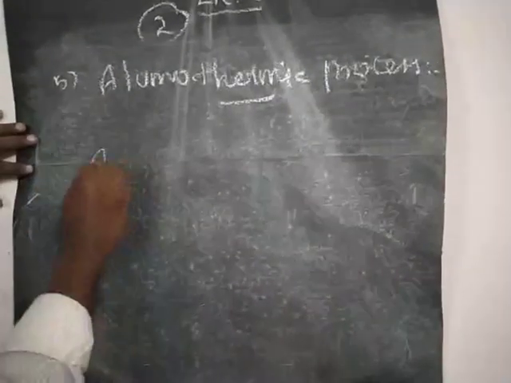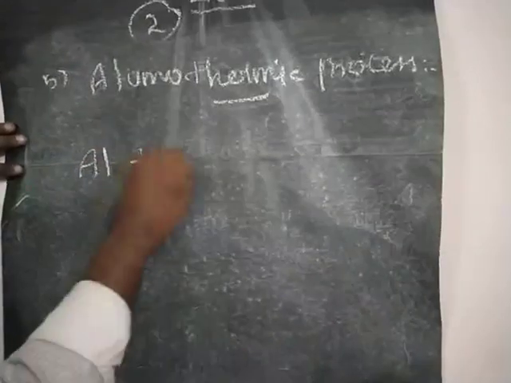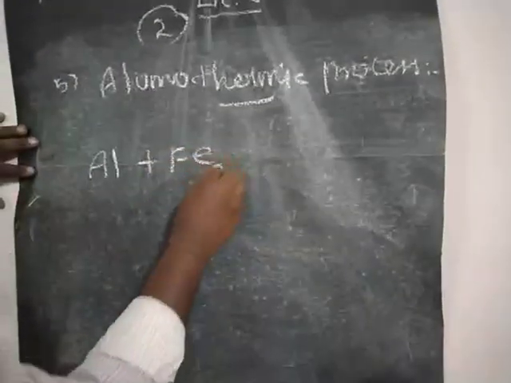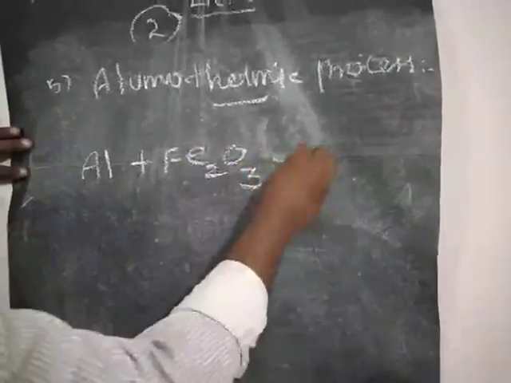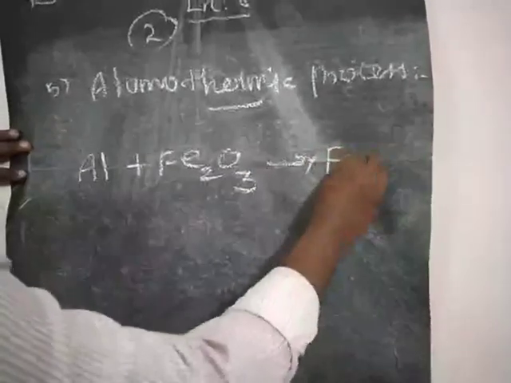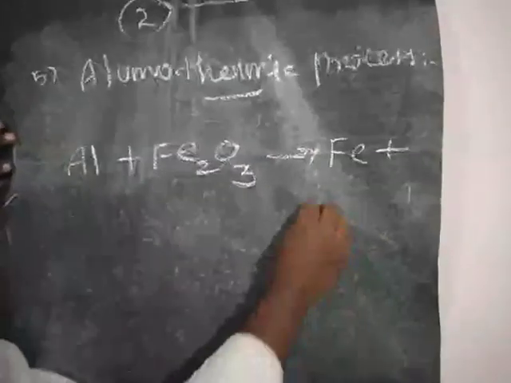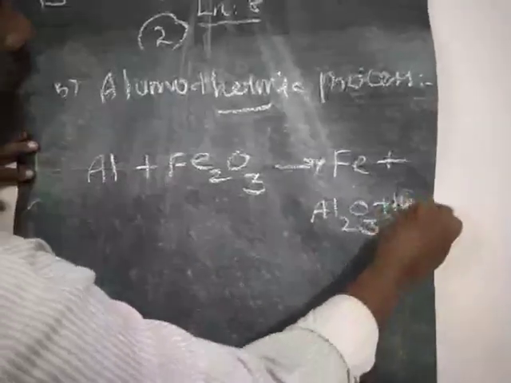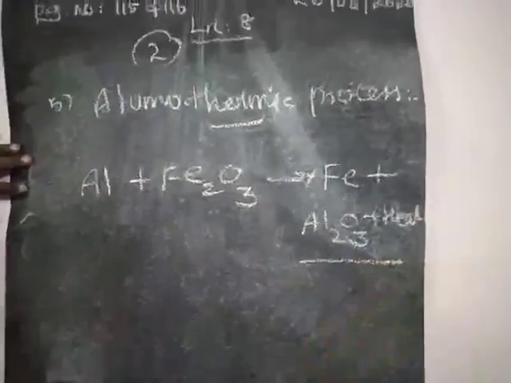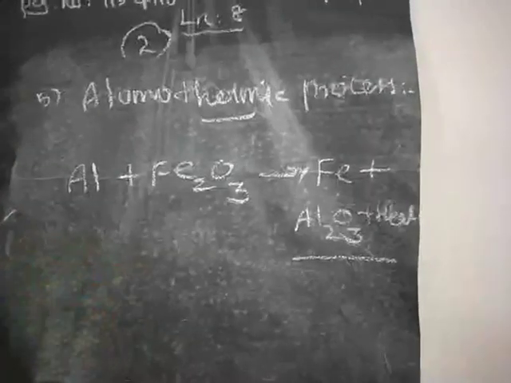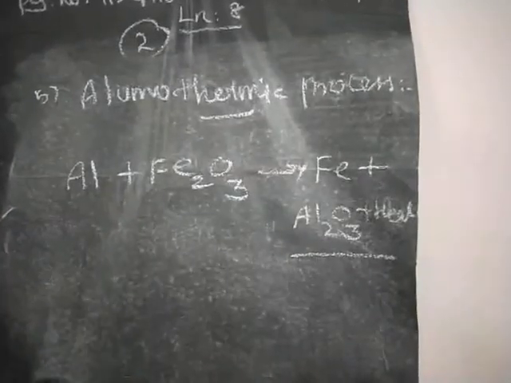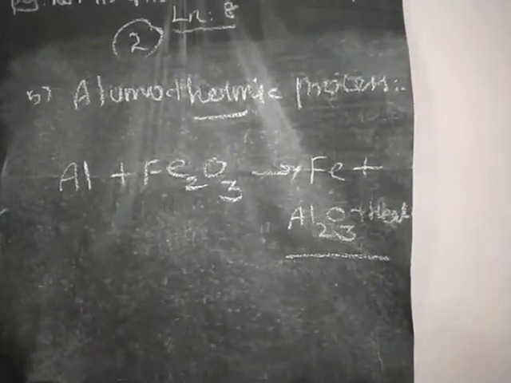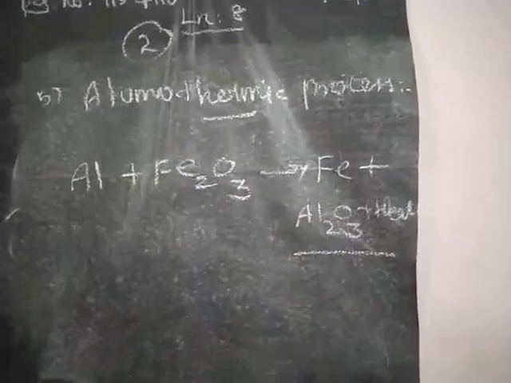Aluminium powder is mixed with iron oxide, Fe2O3, to give pure metal plus Al2O3, and excess heat is liberated. So this reaction, in which heat is liberated, is an exothermic reaction, the aluminothermic process.